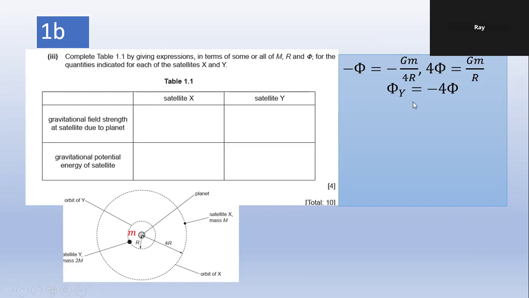Potential at Y is -5 over 4. And gravitational field strength is GM over r squared.